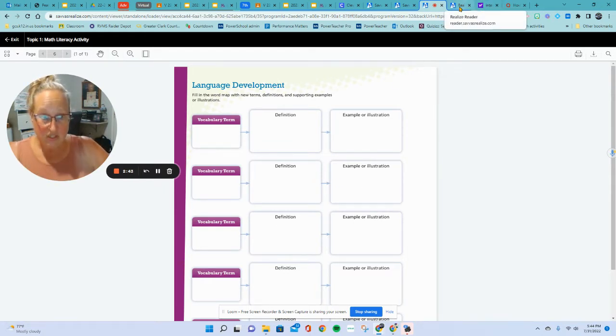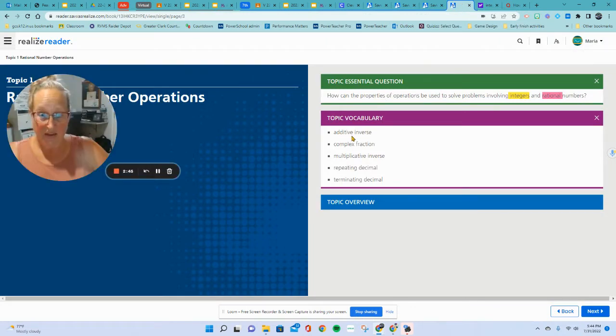And what words are you going to use? You're going to use additive inverse. So pause if you need to write it down. Complex fraction, multiplicative inverse, repeating decimal, and terminating decimal. Now use pause if you need to make sure that you get all those filled out.